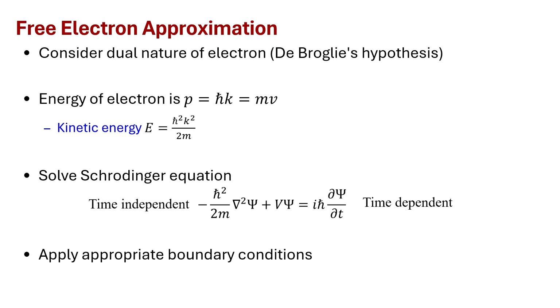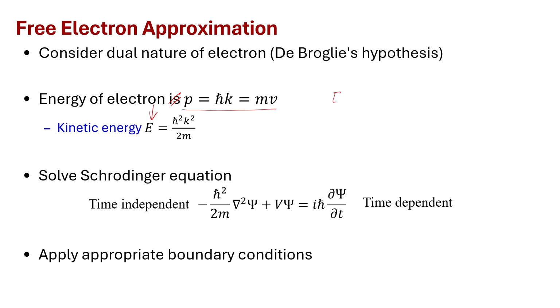So to begin with, we start with what we call free electron approximation, that electron is free. It considers dual nature of electron, that is de Broglie's hypothesis. Electron energy is E, which is kinetic energy, h cross square k square divided by 2m, and this follows from the relation p is equal to mv.